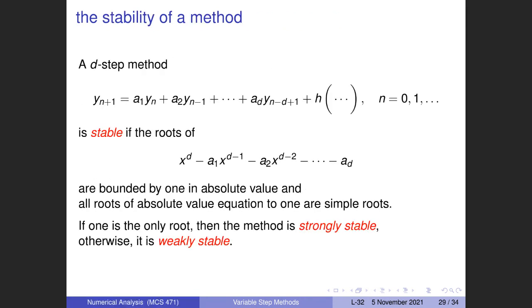So let's look at the other method. We will do the other method in the same fashion. We will have a general criterion to decide whether a multi-step method is good or not, which essentially ignores the H part, which ignores what comes here. So we look at the coefficients, and we use the coefficients to define a polynomial.